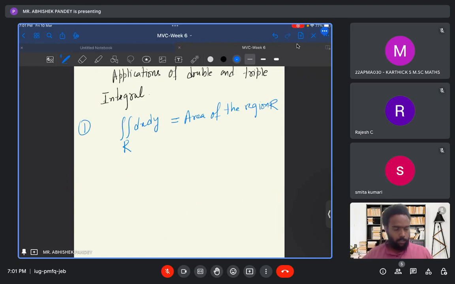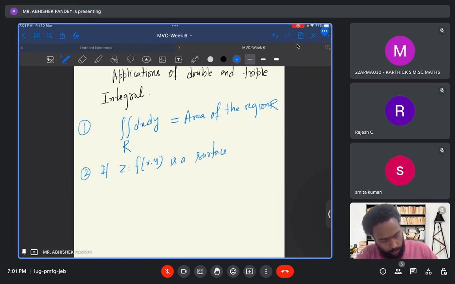Now, if z equals f of x comma y is a surface, then the double integral of f of x comma y dx dy over this region R, what is this?